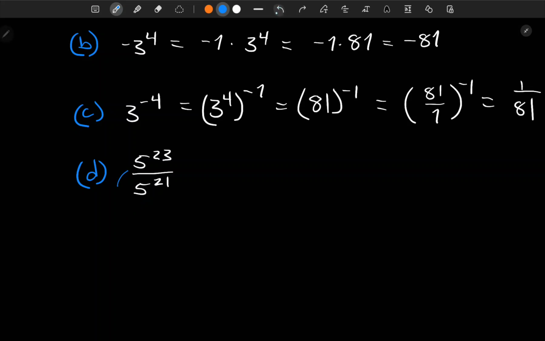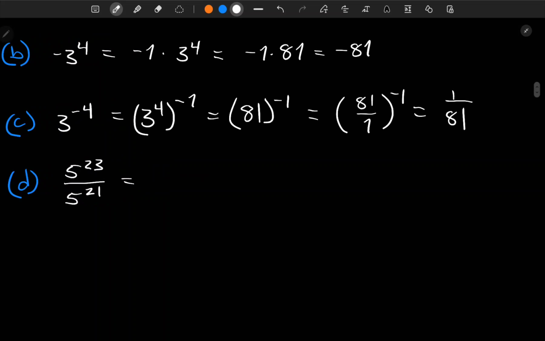So, a rule that you should remember from algebra is that this can be simplified as 5^23 times 5^(-21).